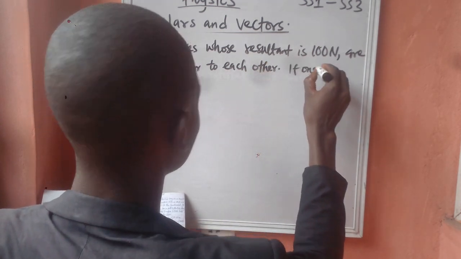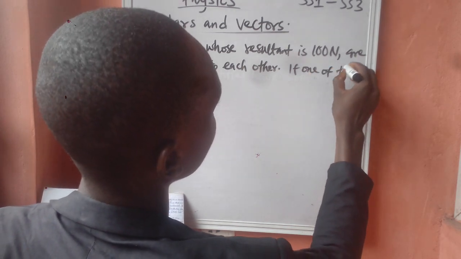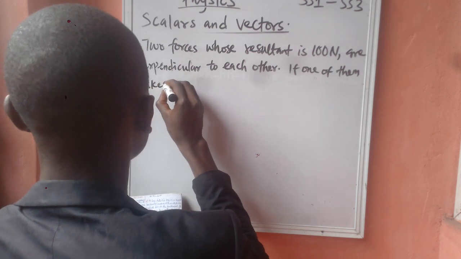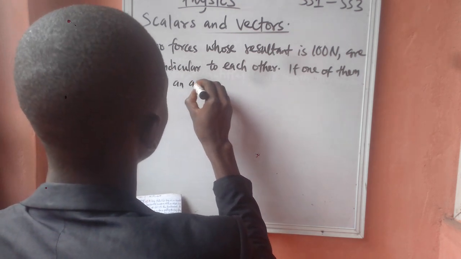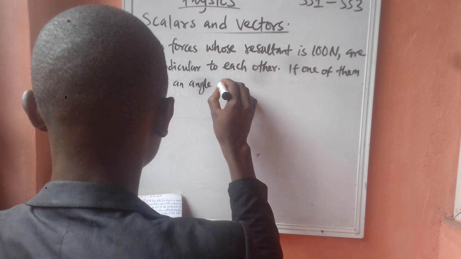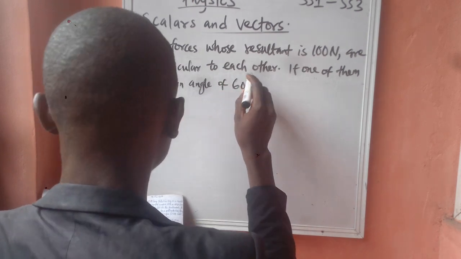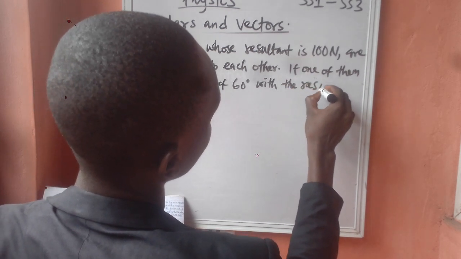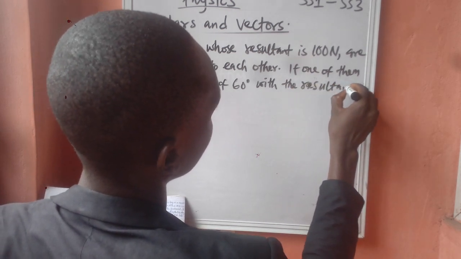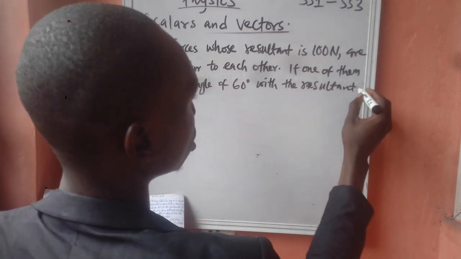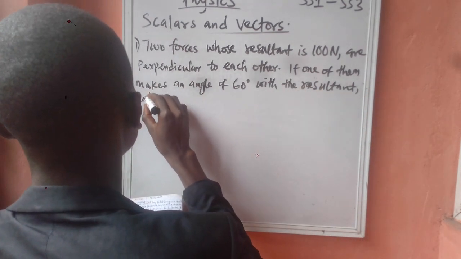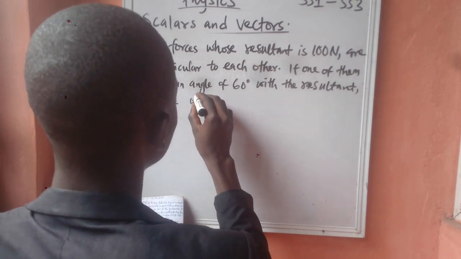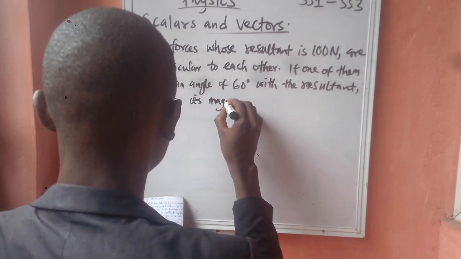If one of them makes an angle of 60 degrees with the resultant, calculate its magnitude.